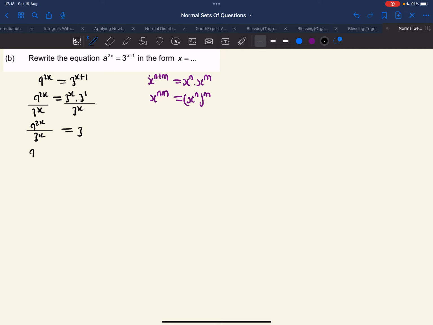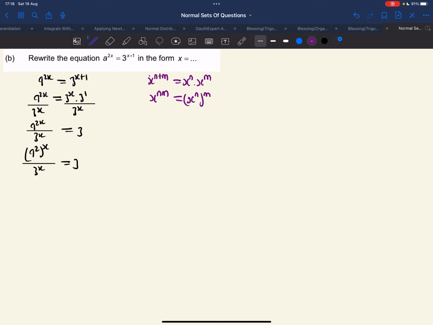So we can say a squared to the power of x over 3 to the power of x equals 3.